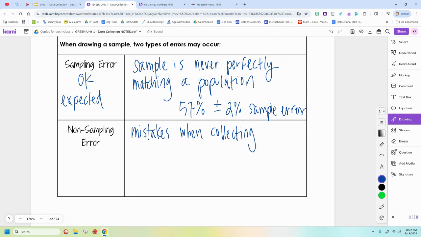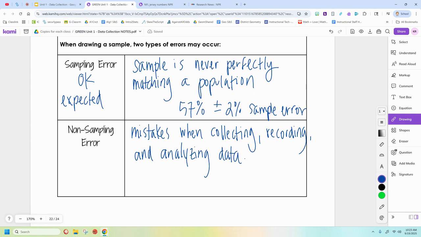So did I go to the right pumpkin patch? Recording. Did I write down the right number? And analyzing data.